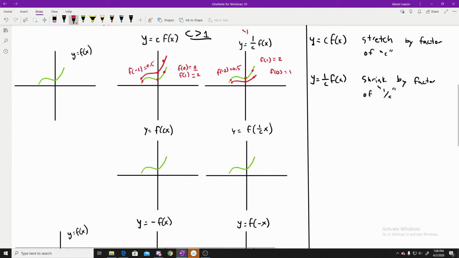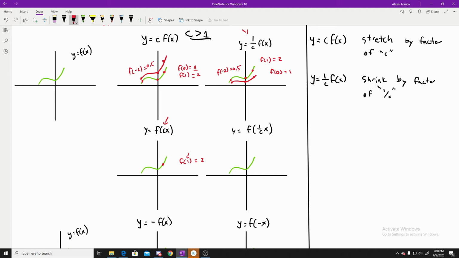Moving on to the next example, we can see that c has now been brought inside the brackets and it is directly multiplying the value of x. Let's use the same approach as the one we were using before. Let's take this point right here and say that this is f of 1 and it equals a value of 2. If we were to multiply this x value by any factor greater than 1, we know that we would get a value that is greater than 1.